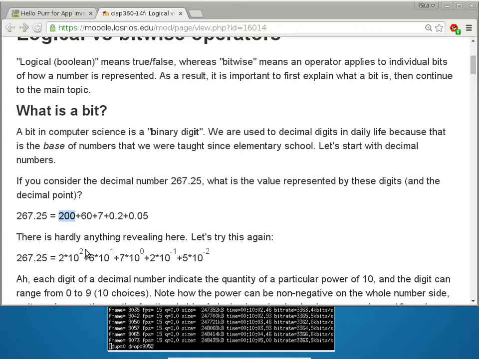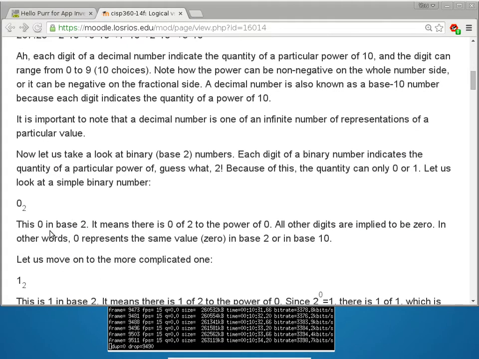That's just something that we are so used to, sometimes we just look at the number and forget what each digit is really representing. Each digit of a number is just representing the quantity of that particular power of whatever base that you're using. It just so happens that we use base 10 by default. It's something that we have learned from childhood and say, well, that's how we represent numbers. Not very difficult to deal with.